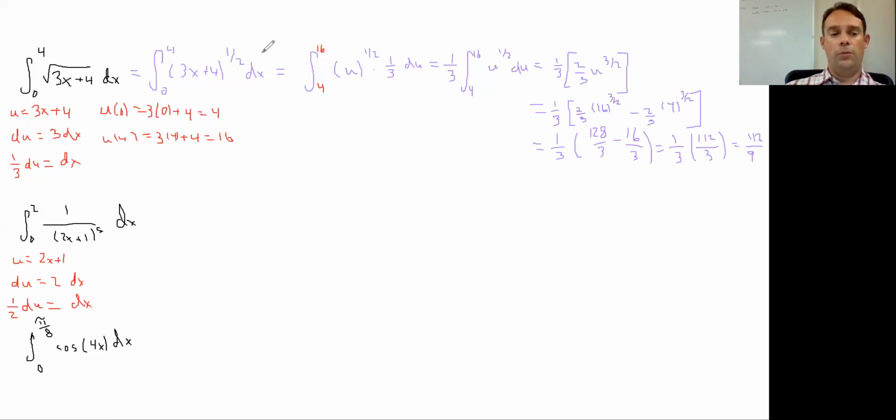So when we do, oh, almost forgot to do my bounds. I know I'm going to have to do it later, so might as well do it now. So 2 times 0 plus 1. So my lower bound is going to become 1. And my upper bound is going to become 5.